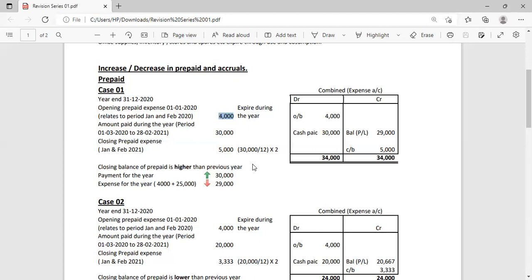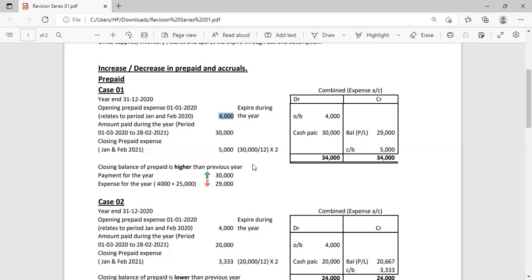Prepayment relates to a certain period, and a certain portion of that period for which you have made payment expires in one year, and a certain portion expires in another year. The amount which relates to the period which expires in the year of your question will be expensed, and the remaining amount will be treated as prepaids.